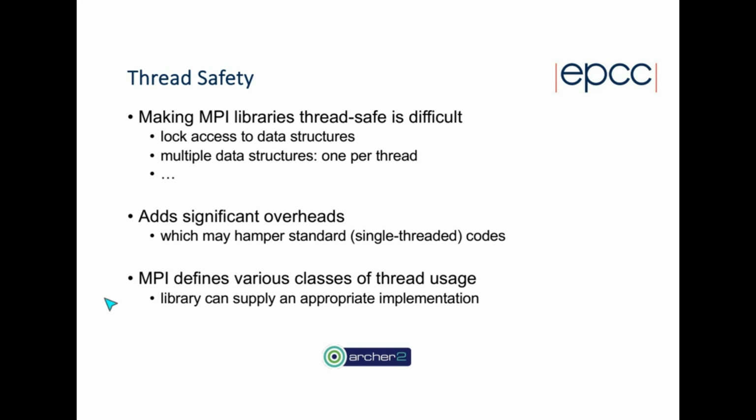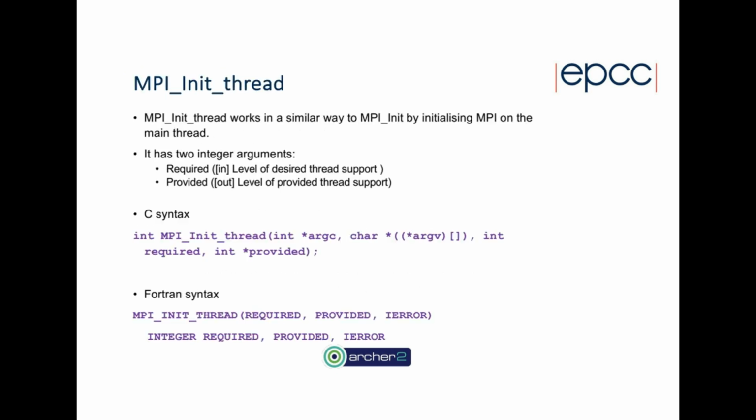So in order to deal with this, MPI defines various classes of thread usage, and the library is allowed to supply an appropriate implementation depending on what we as programmers ask for. The way MPI does this is via the MPI_Init_thread routine. This does the same thing as MPI_Init, the routine that you have to call at the start of the MPI program before you call anything else.